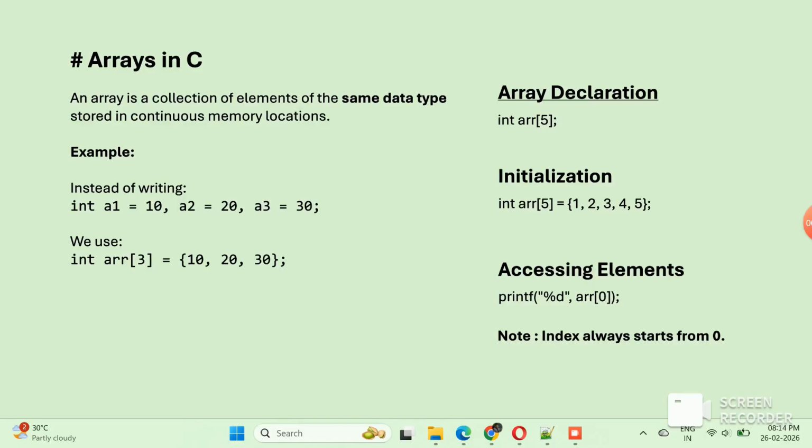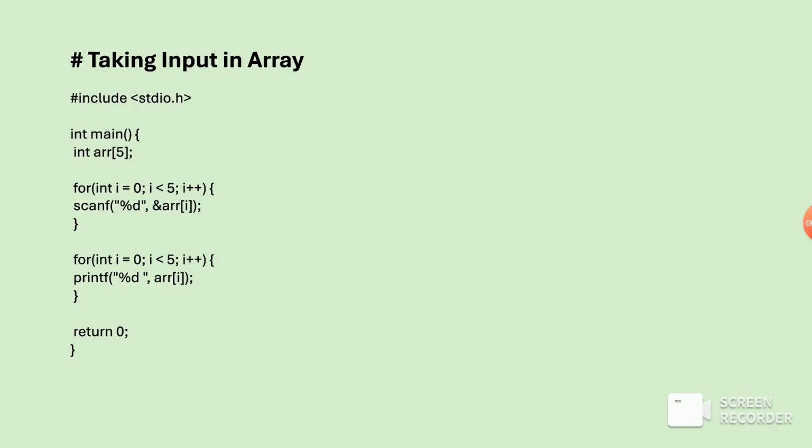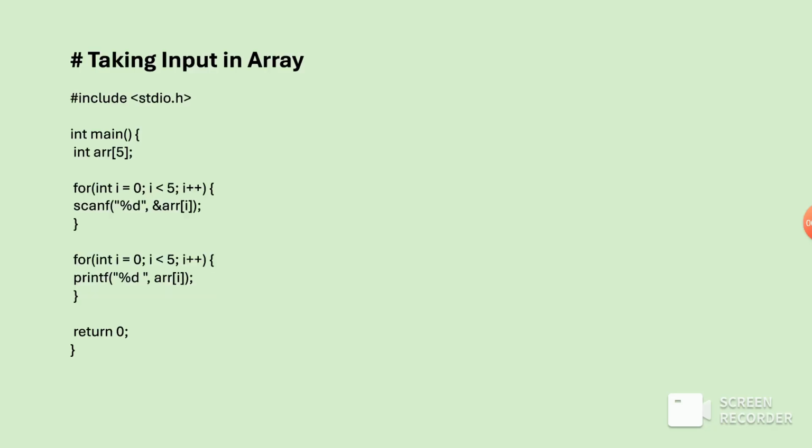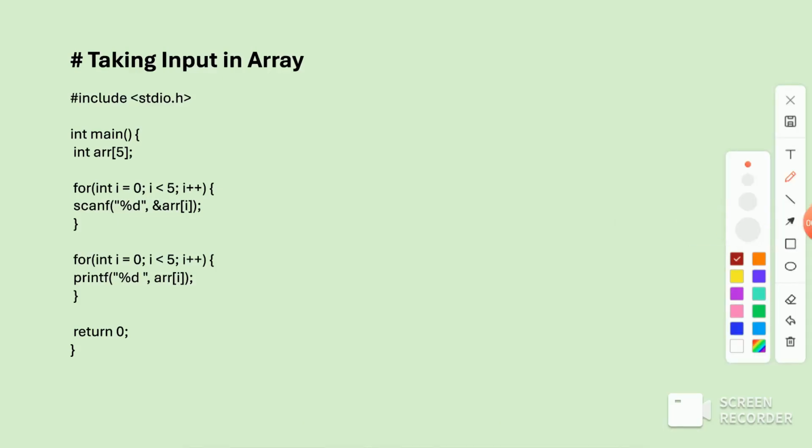Now, taking input in an array. How can we take input into an array? Here is an example. We need a for loop with the initial value integer i equal to 0, and i less than 5, i plus plus. Scanf will take the input values.